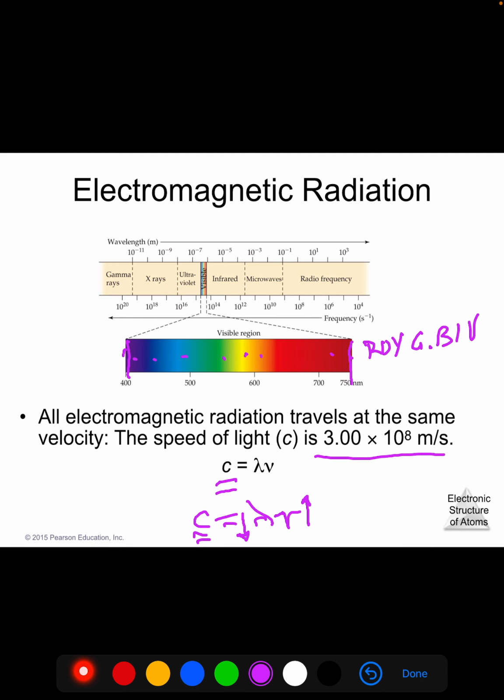But more important than the relationship between wavelength and frequency for our discussion is another equation, and that is one that relates the energies of these different wavelengths, specifically the frequency, to the amount of energy they carry.